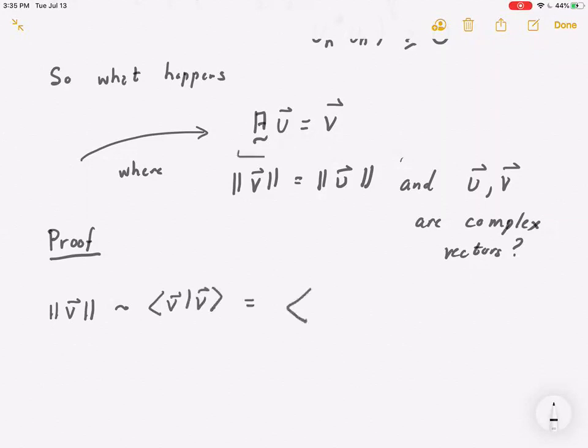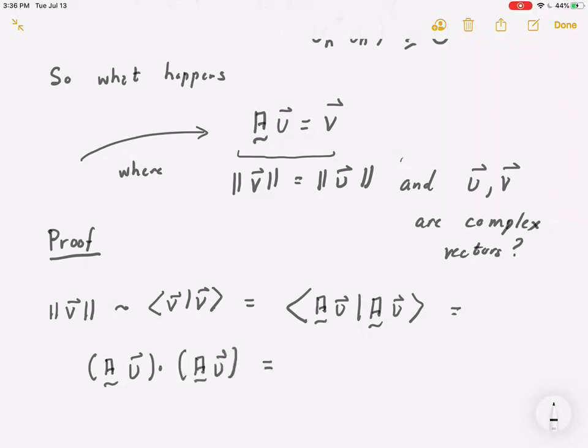Again, by just using this definition here, that is A acting on U times A acting on U. That is simply the dot product of A acting on U with A acting on U. And again, using the rules of matrix multiplication for vectors, where these guys are complex, that is the following.